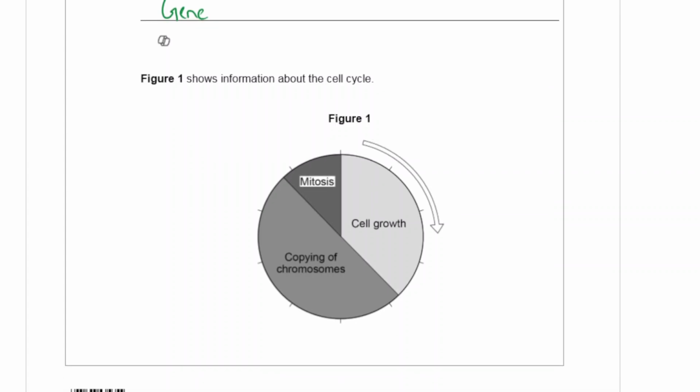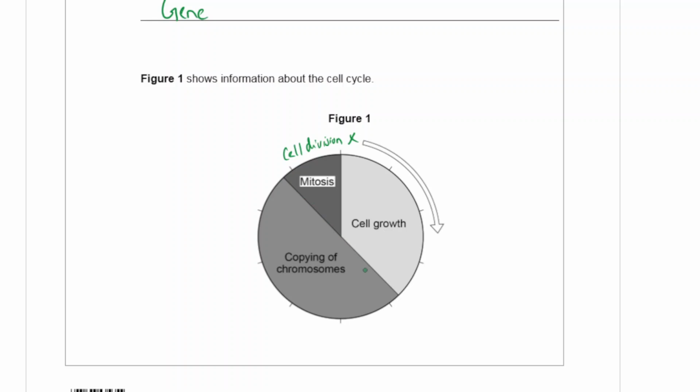Figure 1 shows information about the cell cycle. So you've got cell growth, and then copying of chromosomes, and then mitosis. Mitosis is the cell division stage. So if I start here, first of all, the cell actually grows up to its maximum size, and once it grows to its maximum size, then it starts copying the chromosomes.